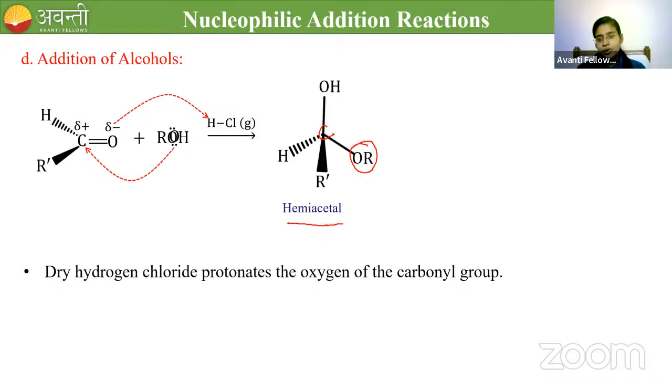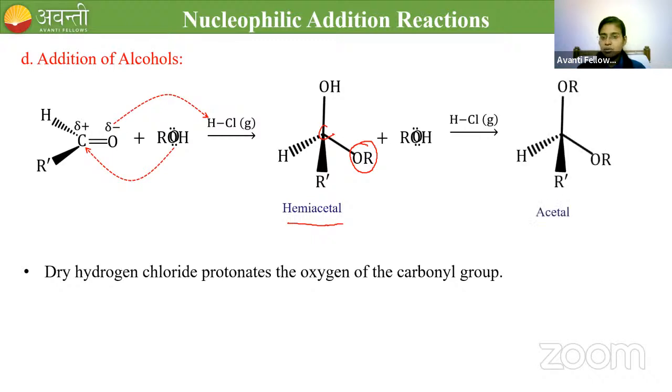And then if you add one more mole of alcohol with dry HCl, you will get another compound. In that compound, you will have two OR groups, so it is called acetal. A single carbon is attached with two OR groups. If two OR groups are attached to the same carbon, then it is called a gem dialkoxy compound.